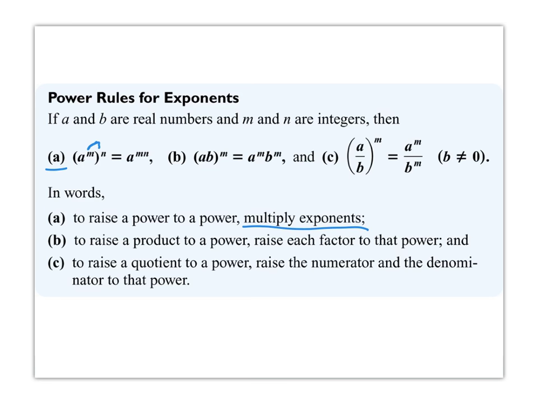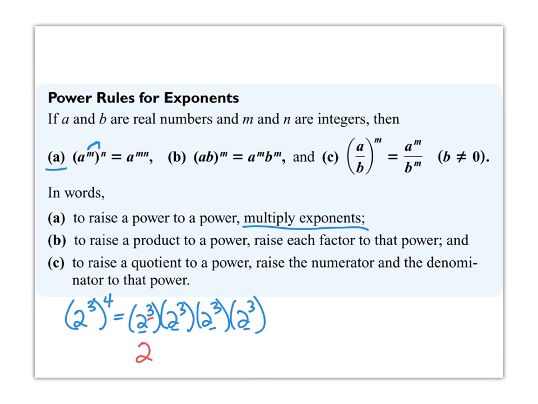For example, if you have 2 to the 3rd power to the 4th power, that's the same thing as 2 to the 3rd 4 times. And then from our previous rule, the product rule, if the bases are the same, then you add those exponents together.